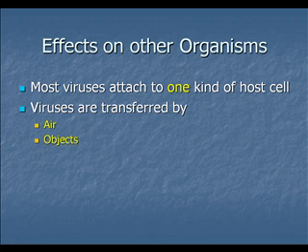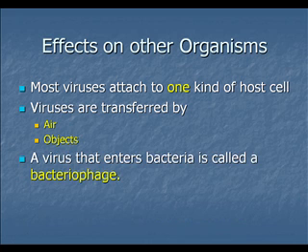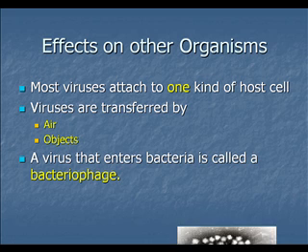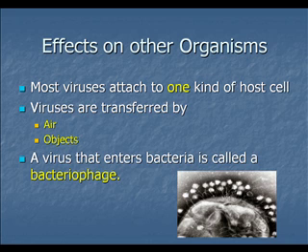They can also be transferred via objects, and they can be transferred using a vector, or another organism, like a mosquito, or different viruses have different ways they are transported. A virus can also enter a bacteria. That particular virus is called a bacteriophage, and as you can see in this picture, there are several bacteriophages attached to this particular bacteria.